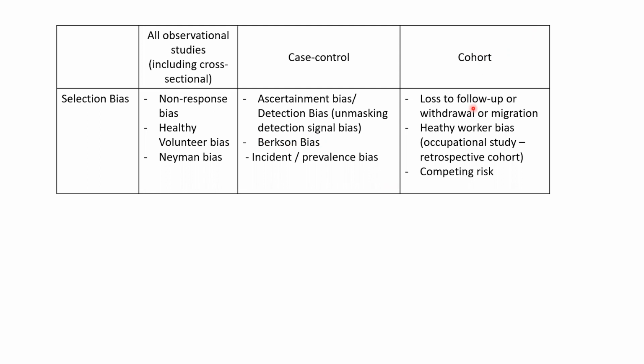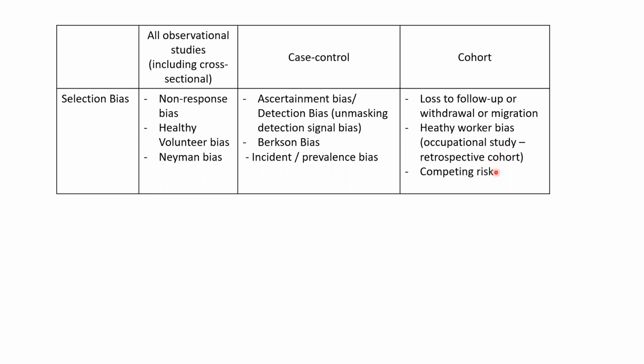For cohort, you mentioned loss to follow up. I'm sure you know about the healthy worker bias in occupational studies, which are very common in retrospective cohort studies. We recruit participants for a retrospective cohort study of workers, those participants are healthy workers, and this will definitely bias my effect estimate.